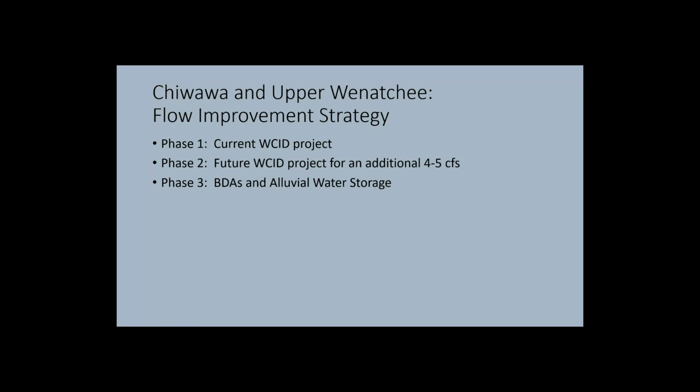We see really 3 opportunities, just looking forward on flow improvements. First is this current project, reducing the diversion by 5 CFS on the Chihuahua, reducing the diversion on Clear Creek. That's really phase 1. We think, in working with the irrigation district for the last 10 years now, that we can probably get them down to 9 in a phase 2 project.